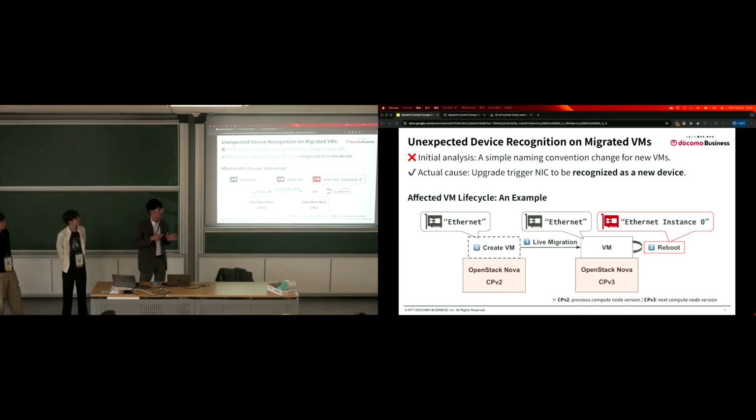However, the problem occurred when the VM on the new platform is rebooted. We discovered that not only was the nickname renamed, but the NIC itself was recognized as a completely new device. As a result, the original NIC settings were lost, and the VM with static network configuration became unable to connect to the network on the new platform.